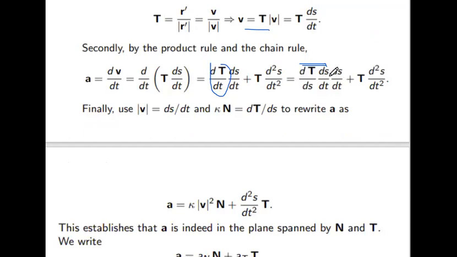This one is the magnitude of v squared, and dt by ds.